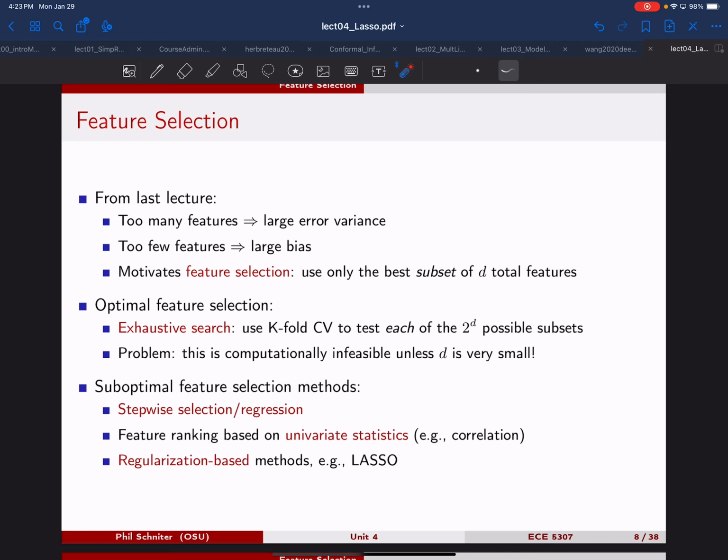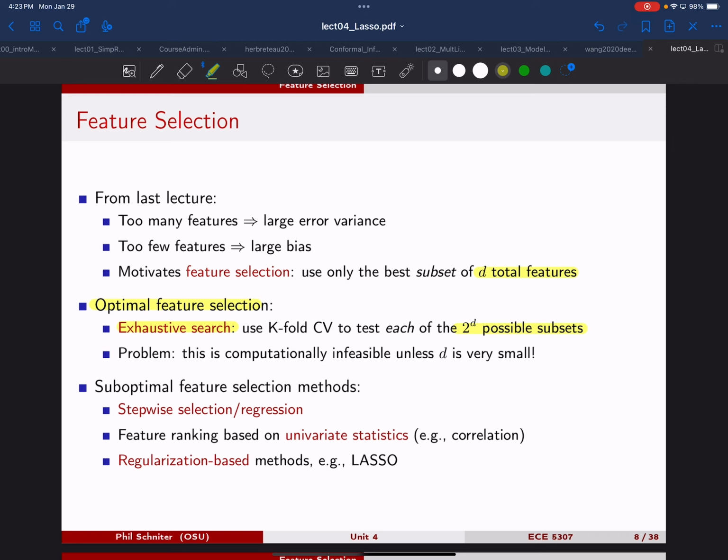And in total, there are 2 to the D possible subsets with D total features, which is a lot when D is large. And so if D is small enough, you can do exhaustive search, which is the optimal method. And essentially for every possible subset, you run k-fold cross-validation, and you just look to see which is the best subset of features, and you use that.